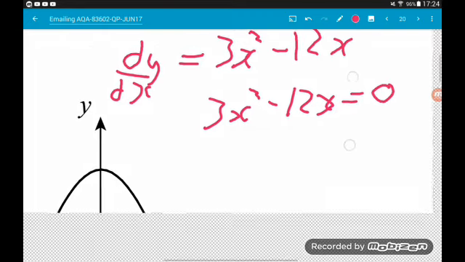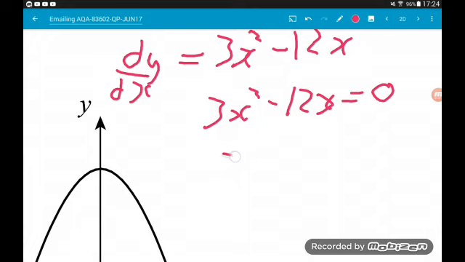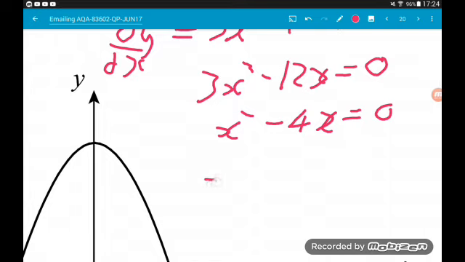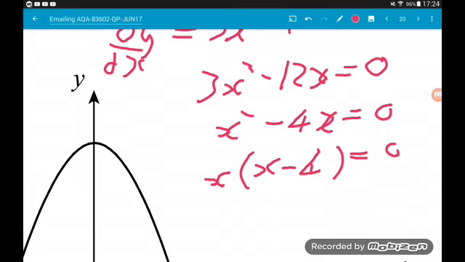We've got a common factor of 3, divide that away. x squared minus 4x is equal to 0, and then factorize this, we get x times x minus 4 is equal to 0.